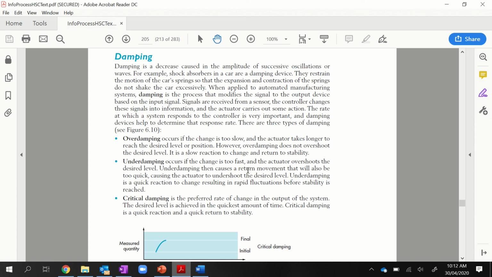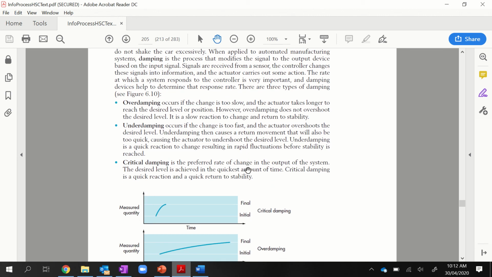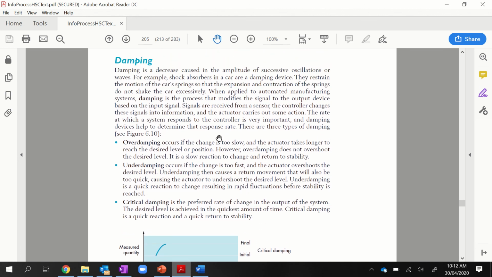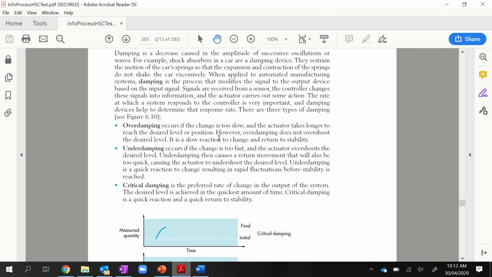So we know the verb identify just basically means state what it is. So if you can learn these 3 definitions for damping, then it's quite straightforward. Rote learn these 3 definitions, and maybe watch this video a couple of times so that you understand it, and then you should be fine to be able to answer any questions in any form about damping.